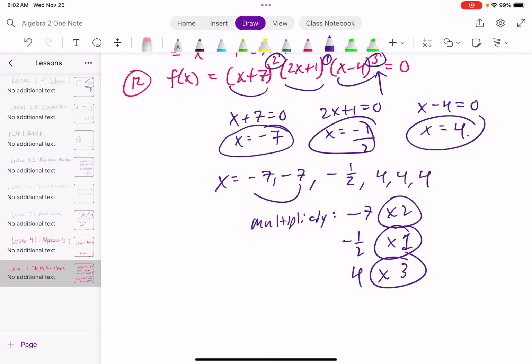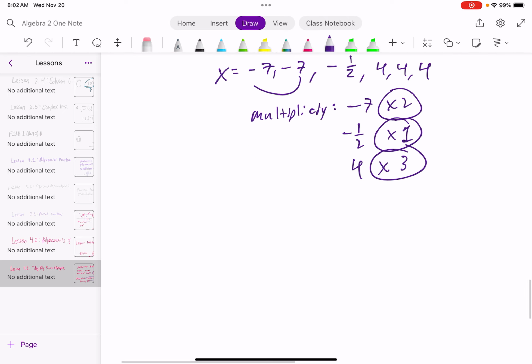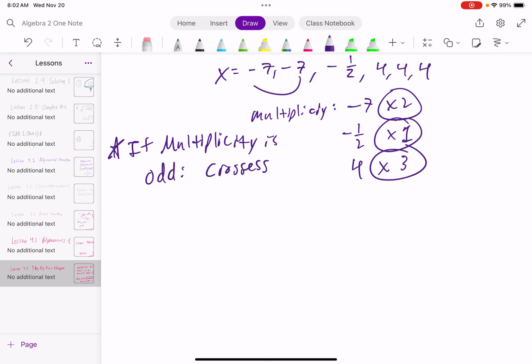And the effect, remember, very important, if multiplicity is odd, it crosses. If it's even, it bounces.